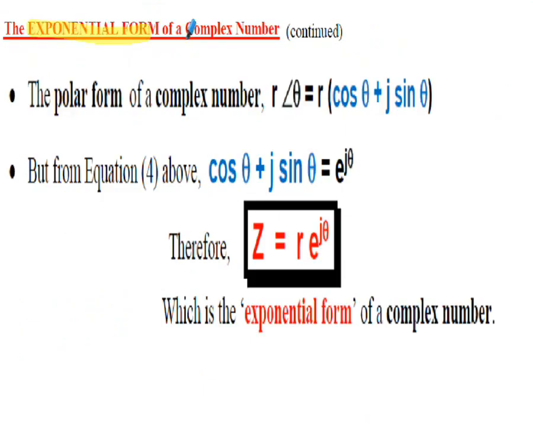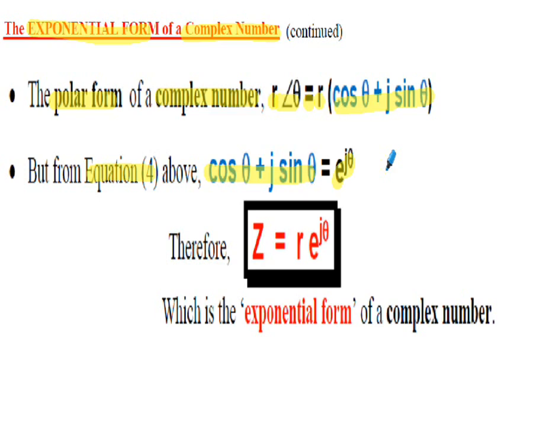Exponential form of a complex number continued. So the polar form of a complex number, r argument theta, can be written as r and in brackets cos theta plus j sine theta from our previous work. So that's going from the polar form on the left hand side to the Cartesian form on the right hand side. But we note from equation 4 on the previous slide that cos theta plus j sine theta is equal to e to the j theta.